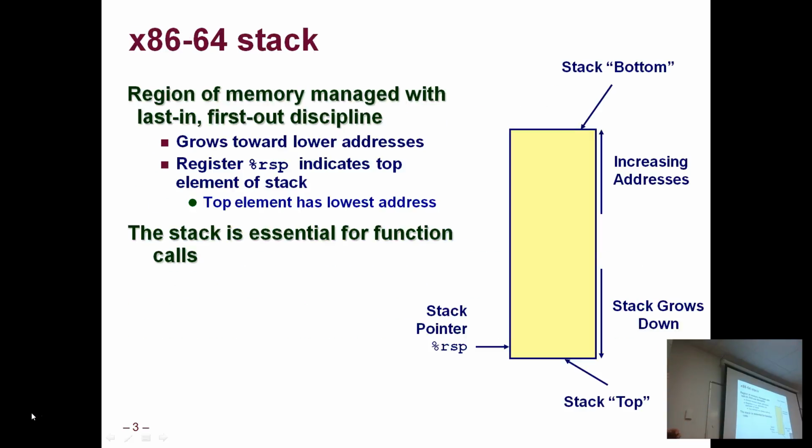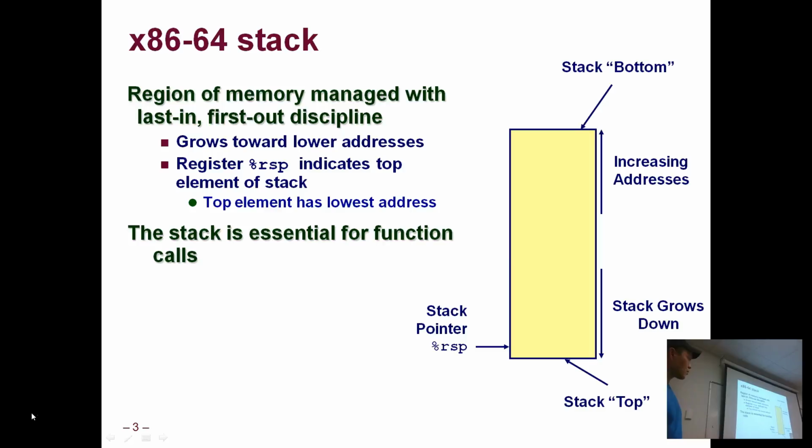A stack is a region of memory managed with a last in, first out discipline. In x86-64, the stack grows from high addresses down to low addresses. So the bottom is up here, and you grow the stack downward.